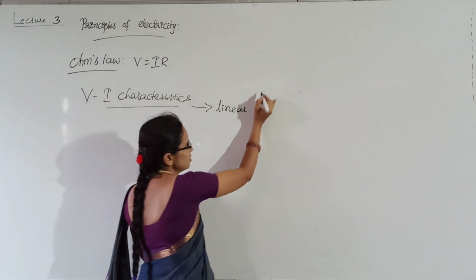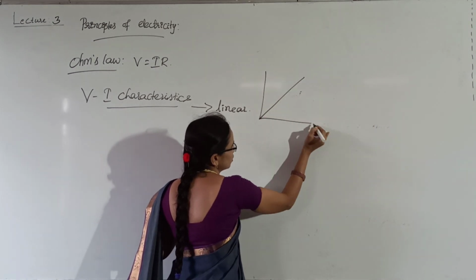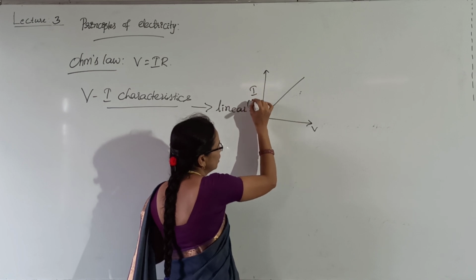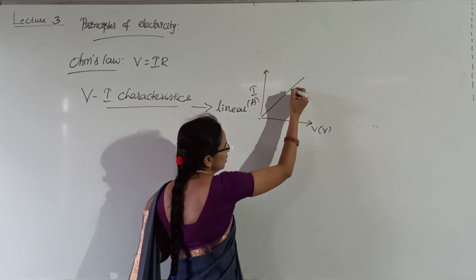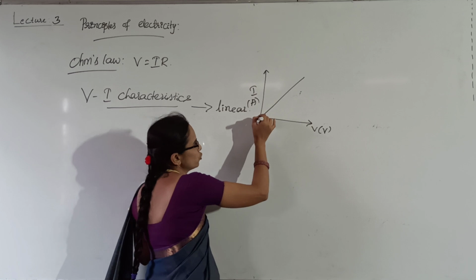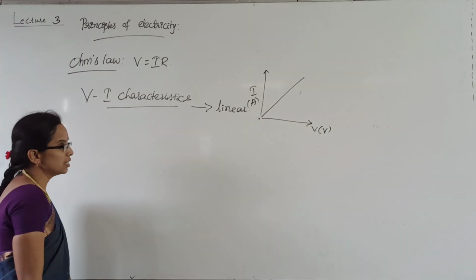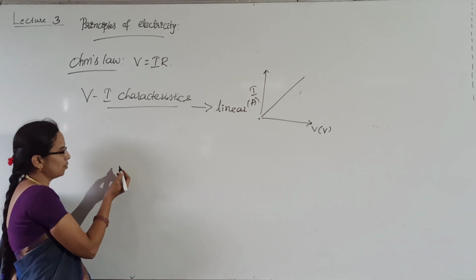Linear graph in the sense it should look like this. If I take voltage on the x-axis and current on the y-axis, then the graph should be a straight line. Then you can tell that it is a linear graph. See, so I will give an example.